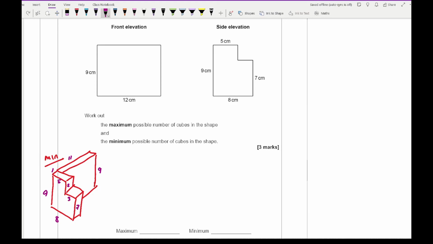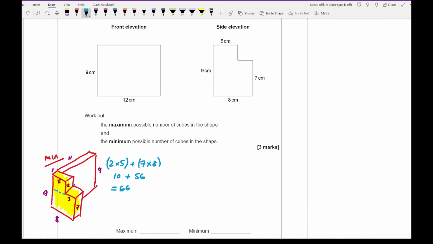So looking at the number of cubes, if I just work out what this part here is, this side wall is going to be, now that's a compound shape, so that's going to be 2 times 5 plus 7 times 8, and times the depth of 1, so that's going to be 10 plus 56, so that's 66.